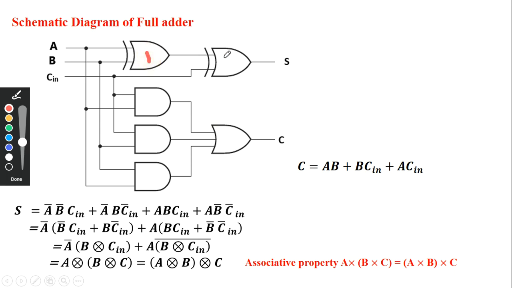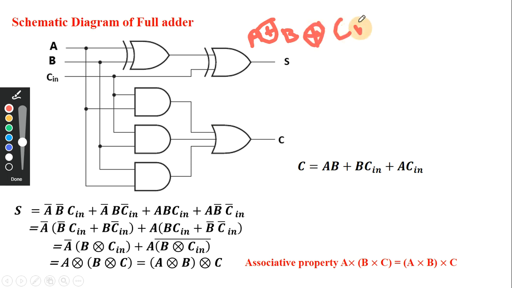Suppose this is XOR gate 1 and this is XOR gate 2. The output of the first will be A XOR B. The inputs of the second XOR gate are A XOR B and C in, so the output will be A XOR B XOR C in.